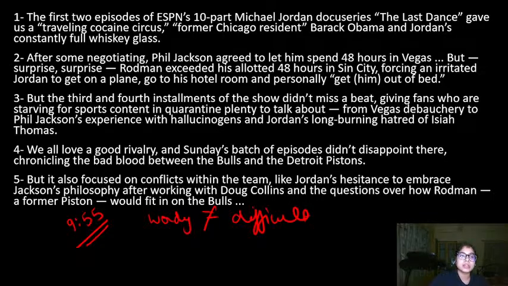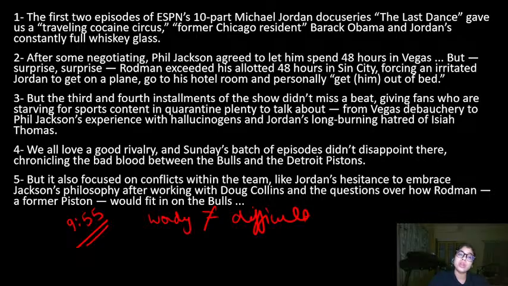For example, let us see statement one. Statement one says the first two episodes of ESPN's 10-part Michael Jordan docu-series gave us a traveling cocaine circus. Statement two: after some negotiating, Phil Jackson agreed to let him spend 48 hours in Vegas. Statement three: but the third and fourth installments of the show didn't miss a beat.